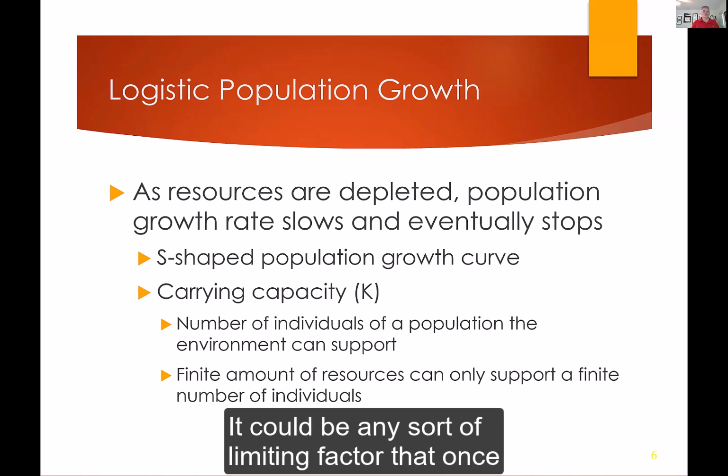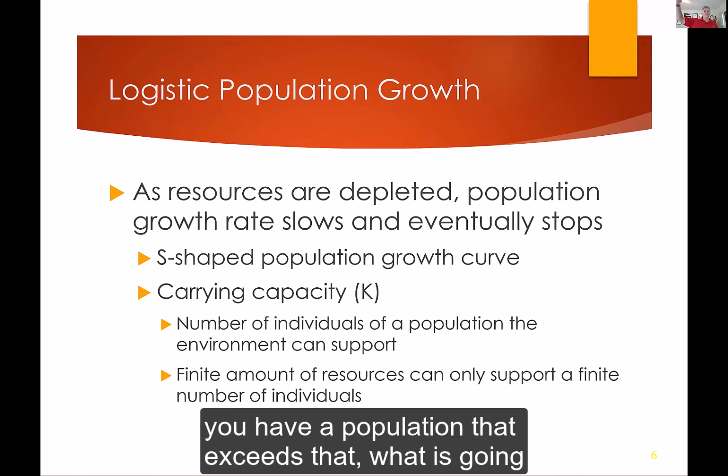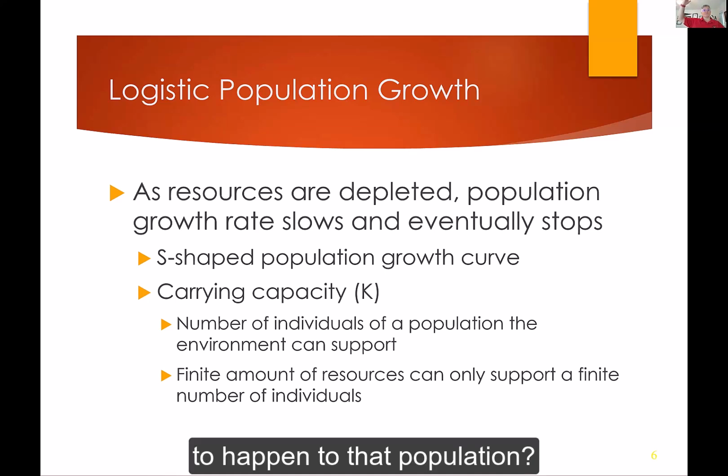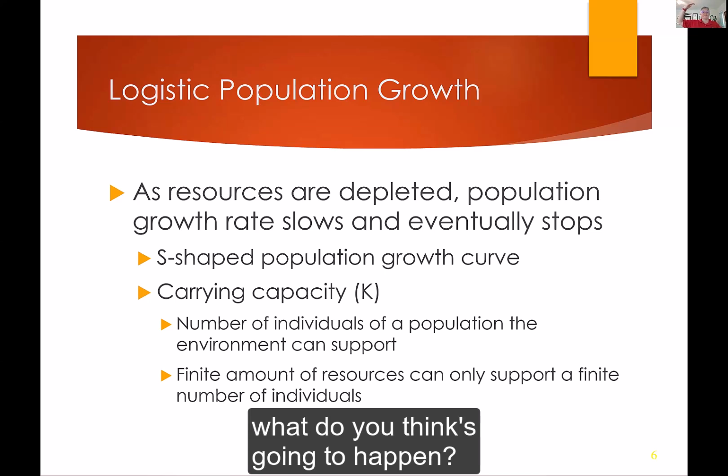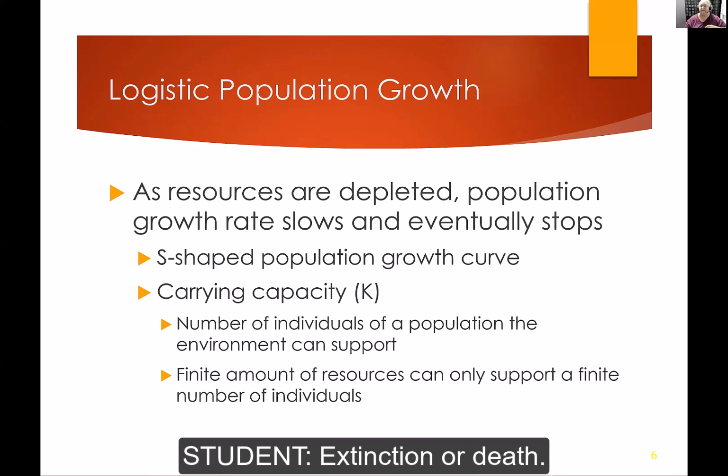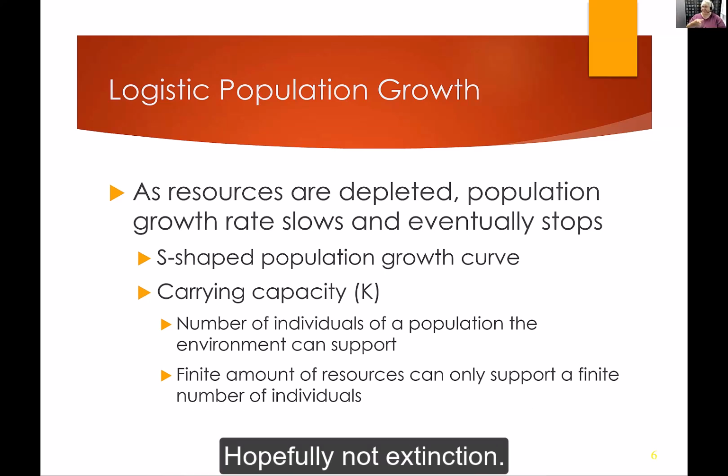Could be any sort of limiting factor. Once you have a population that exceeds that, what is going to happen to that population? If you have a population that can no longer be supported, what do you think is going to happen? Extinction or death. Right. Hopefully not extinction.